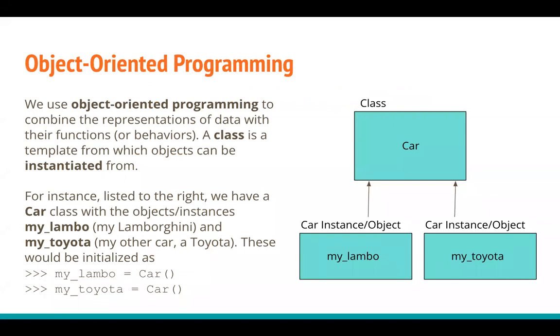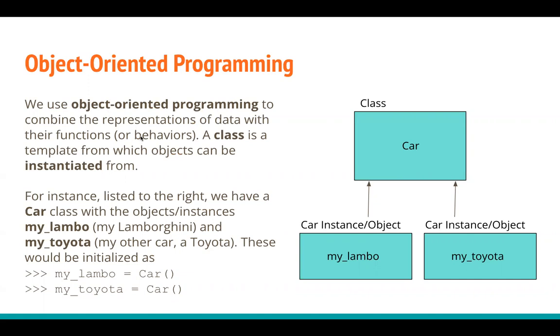So to start off with object-oriented programming, OOP is basically used to help organize our data and also combine the representation with their functions or behaviors. One example of a class is a car class, and it's a template from which objects can be instantiated. In this case, we have 2 car instances or objects, my Lambo and my Toyota.